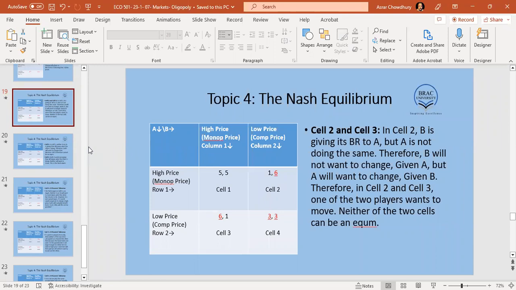Both of them are unhappy, তাই না? কেন happy না দেখো, if B charges high price and A says okay I'll charge high price as well, he gets 5.